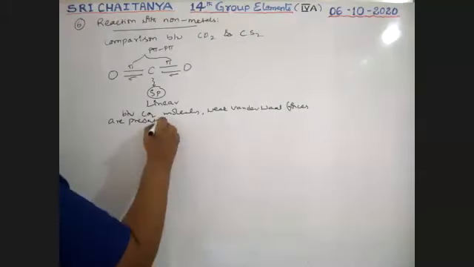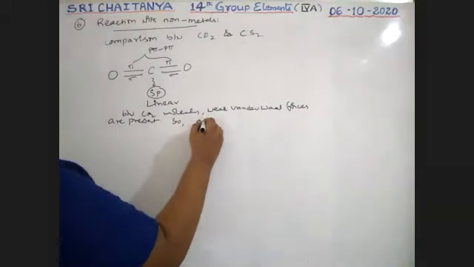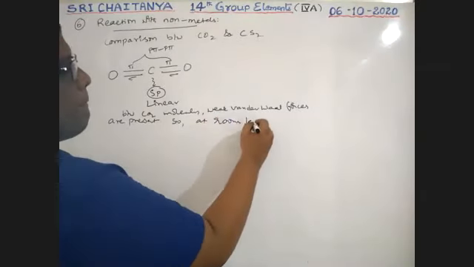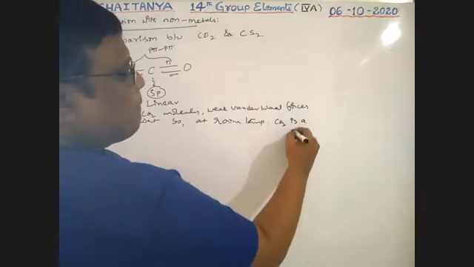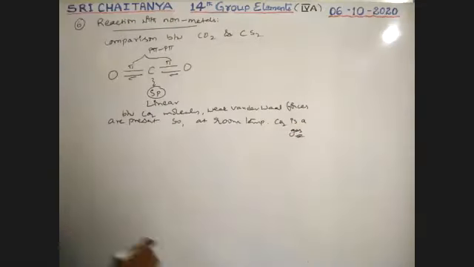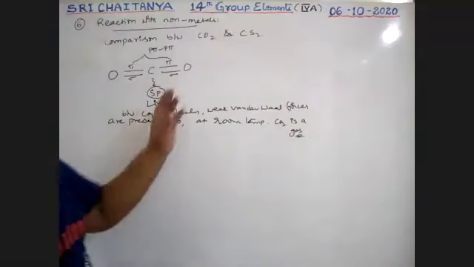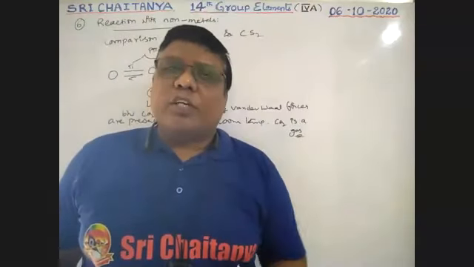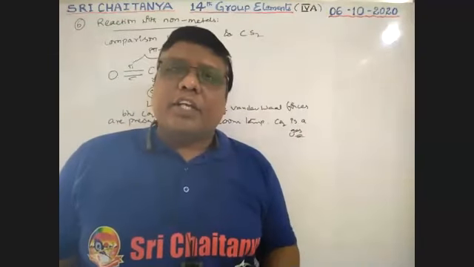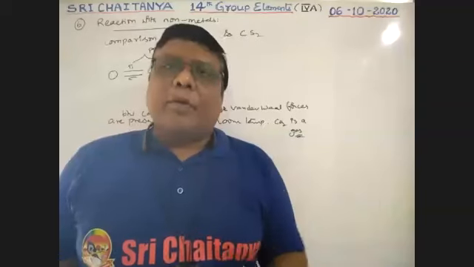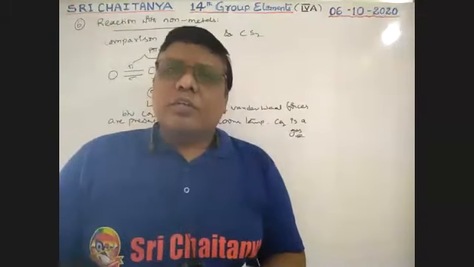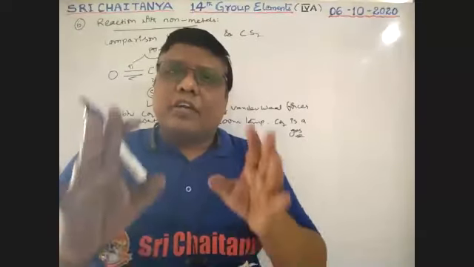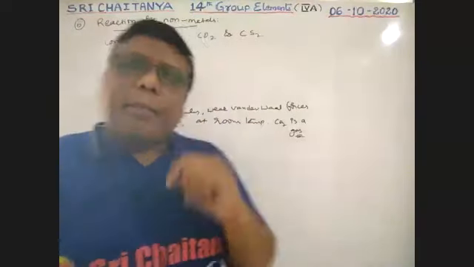So at room temperature, CO2 is a gas. Carbon is in sp hybridization, so p pi bonds are possible, with weak van der Waals forces between CO2 molecules, so it is easy to evaporate. That's why at room temperature CO2 is a gas.